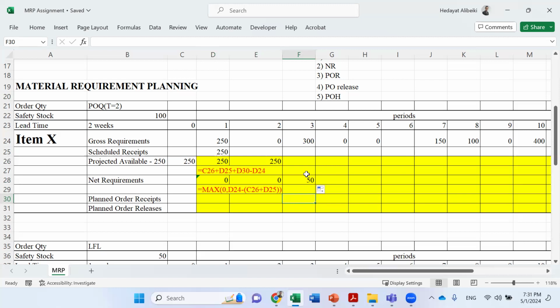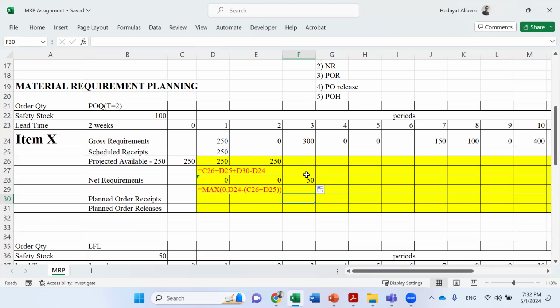This is the time that I have to order. Would 50 be enough? I can order 50, but if I order 50, my inventory level is going to be zero. Would that cause any problem? Yes, safety stock. So I have to keep that.